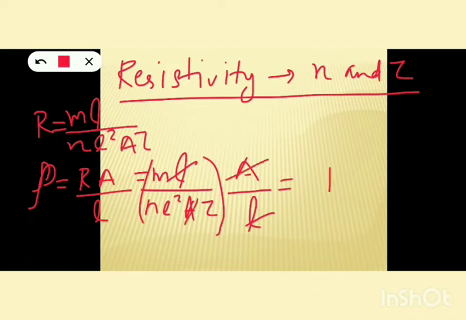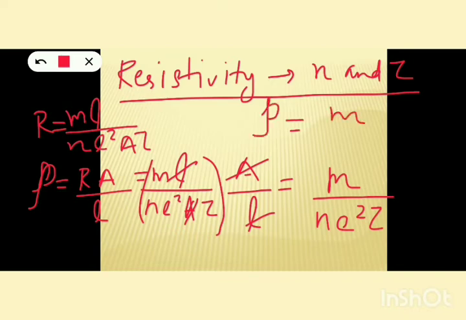Then what is left? M by N E square tau. So what is our resistance? Sorry, resistivity. Resistivity rho is equal to M by N E square tau.